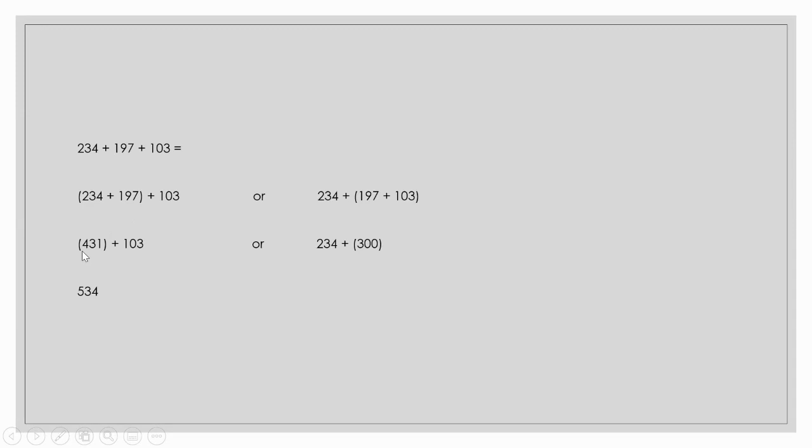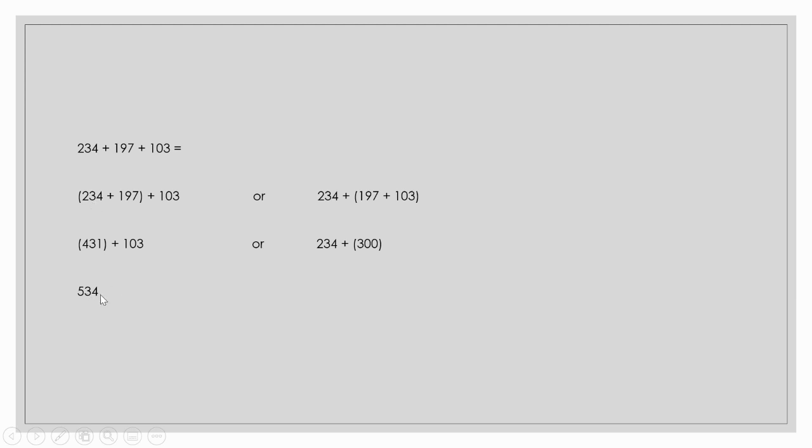234 plus 197 equals 431. Add that to 103 and it equals 534. However, we can first do 197 plus 103, which equals 300, plus 234 equals 534.